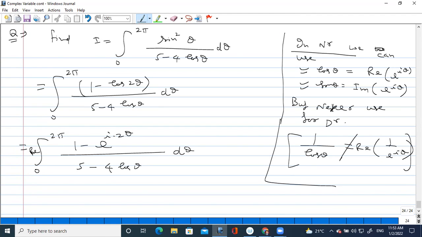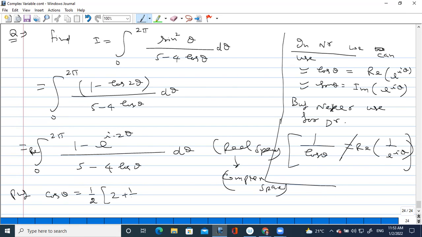Now, because this is the real space up to now, what is my next step? I have to convert into complex space. So to convert that, put cos theta equal to 1 by 2 into z plus 1 by z.